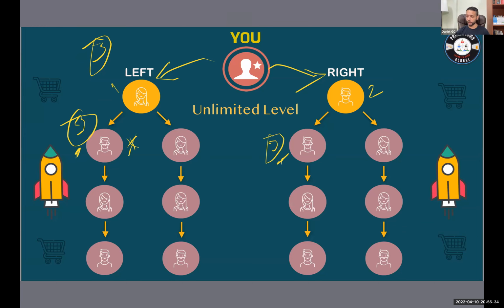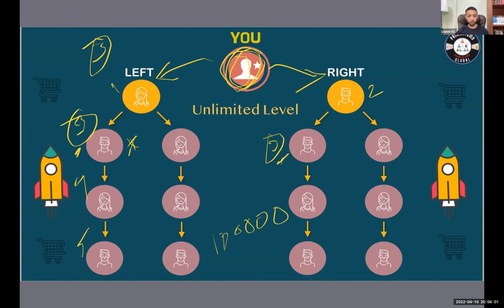But the good news is that if it is your contact, you can keep adding people, number 4, number 5. This goes unlimited. You can go all the way up to 1,000 people, 10,000 people, 1 lakh people.